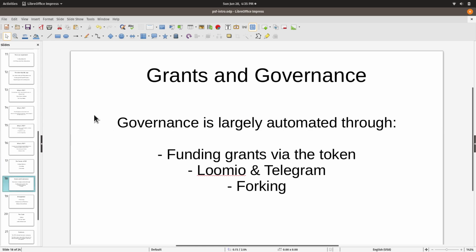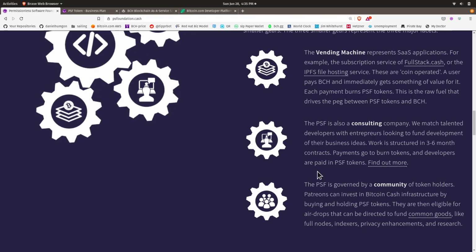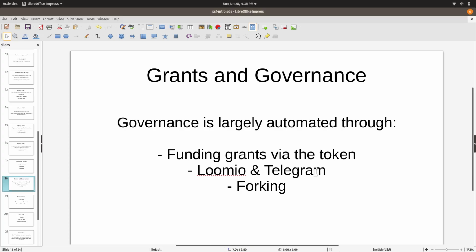Okay, so let's talk about governance and grants, because that's this third aspect of the organization, and it's really important. The governance is largely mechanical. It's largely automated, and it takes place through funding grants via the token, Lumio and Telegram, which is our way we communicate, and forking, and I'll talk about forking in a minute.